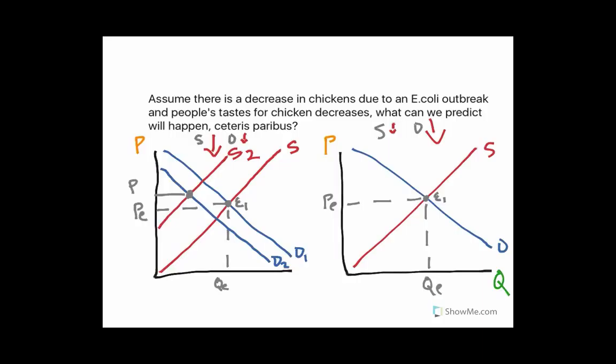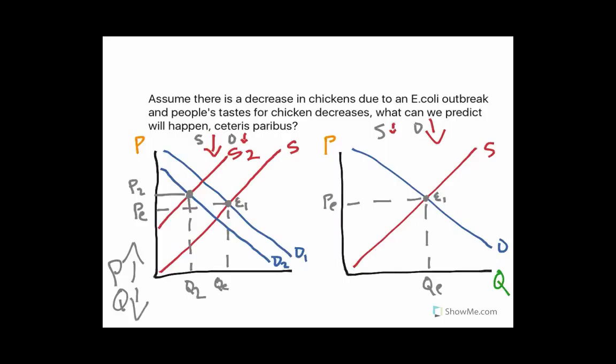That would give us a new price at P2 and also a new quantity being sold at Q2. For this first example, we've noticed that the price has gone up and the quantity has gone down.